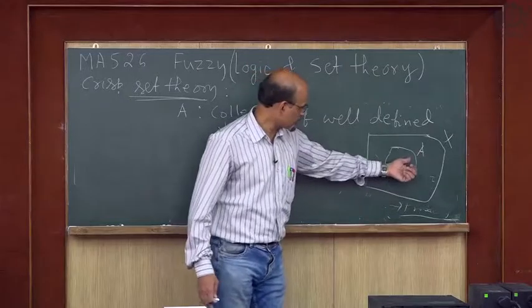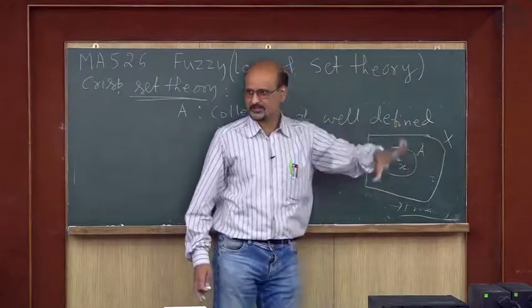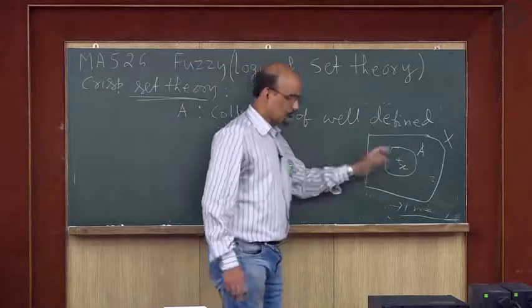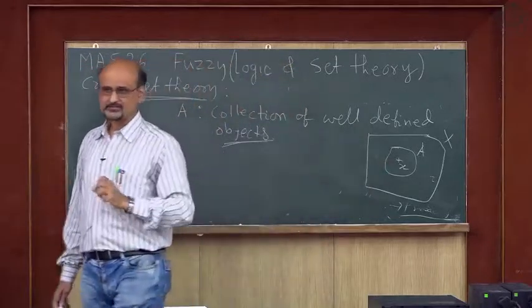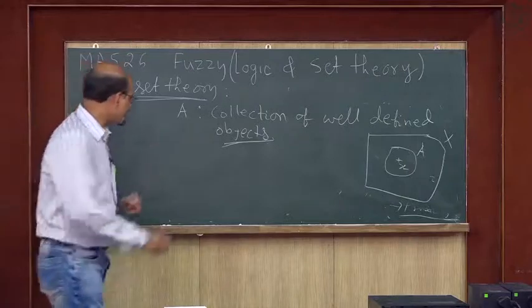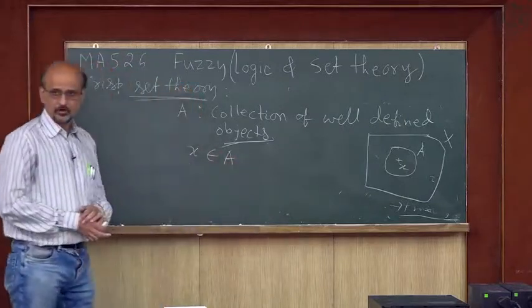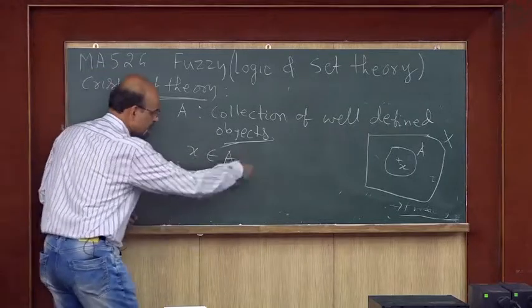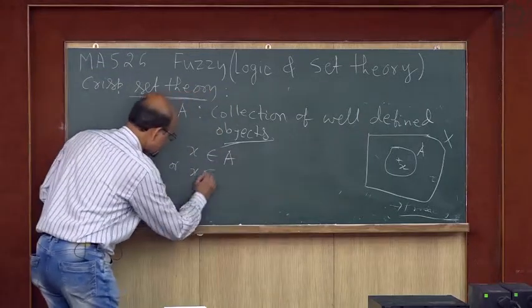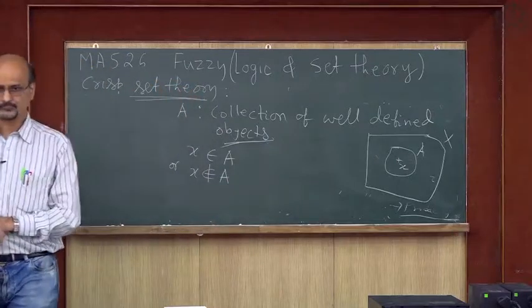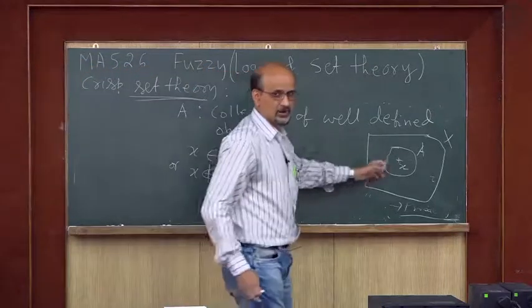Okay? So, x belongs to A, which is in universal set X. Now, in crisp set theory, what do we write? x belongs to A, or maybe x is outside, then x does not belong to A.